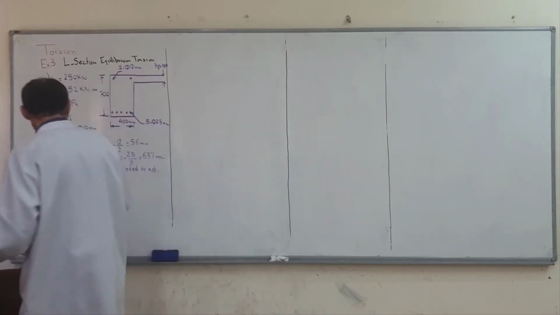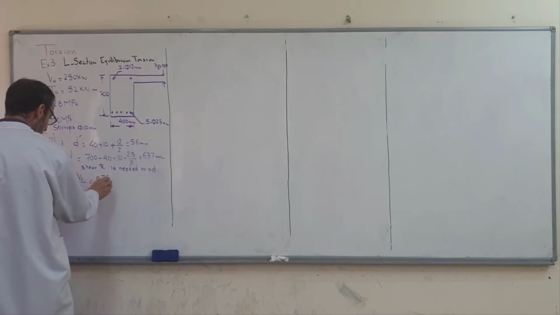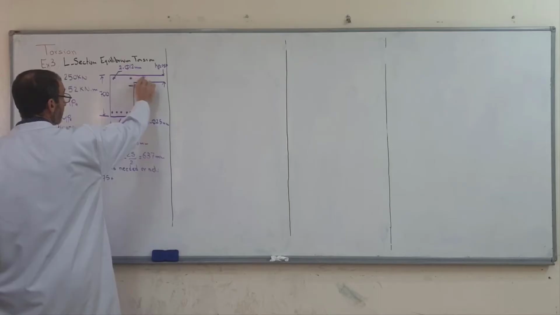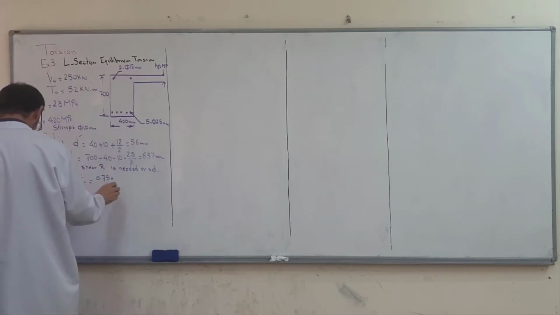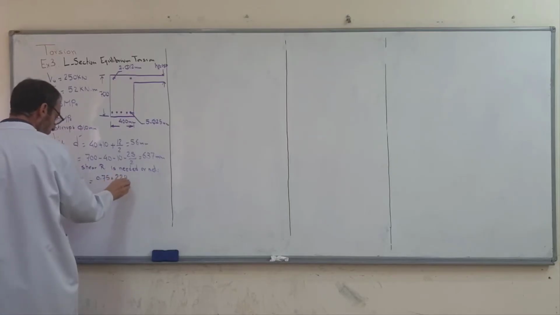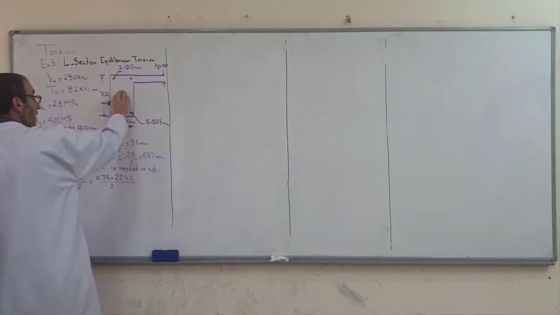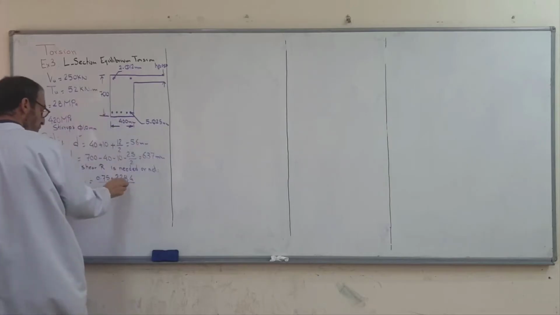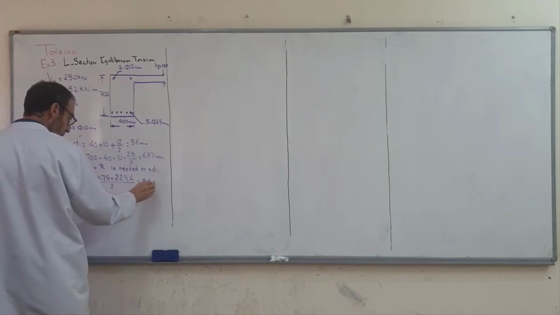Here, same Vc, same phi as example number 1. Therefore phi is equal to 0.75. The shear does not depend on the slab, it depends on the beam. Therefore, Vc is similar to the first example, and phi Vc over 2 is equal to 86 kilonewtons.